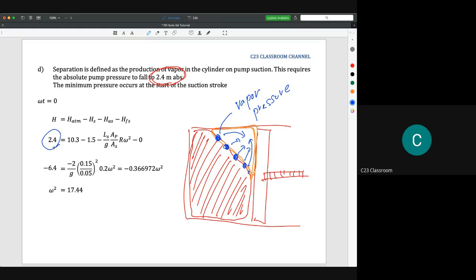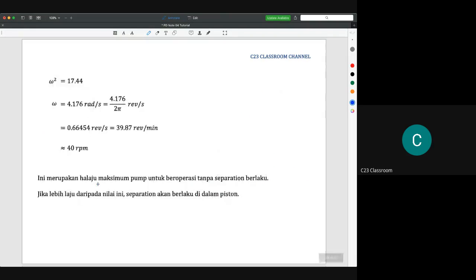Then we calculate, and we get omega square equal to 17.44, and then we calculate everything to get 40 RPM. Okay, here I think you can understand that what we get here is actually omega, whose unit is radian per second. Then you need to convert radian per second into revolution per second, and then into revolution per minute.